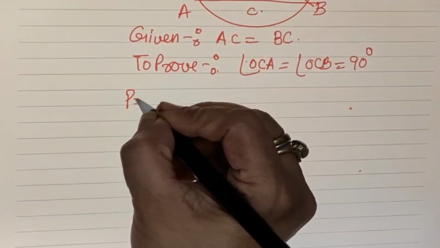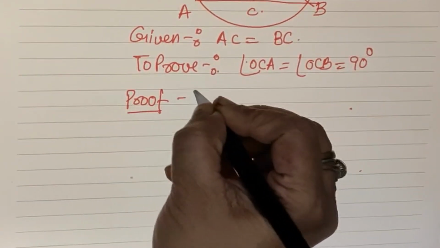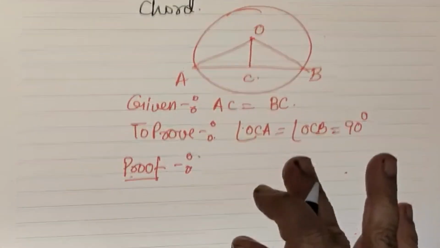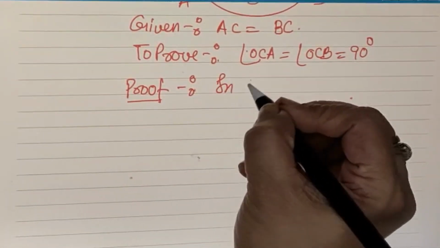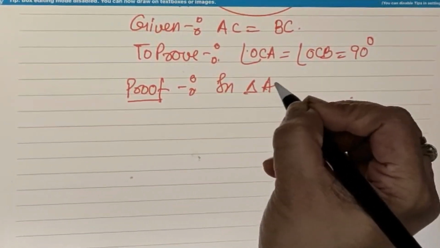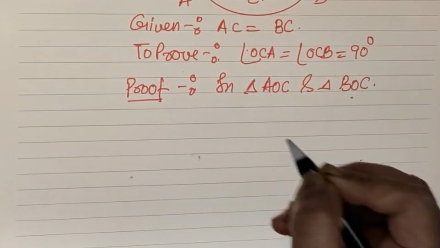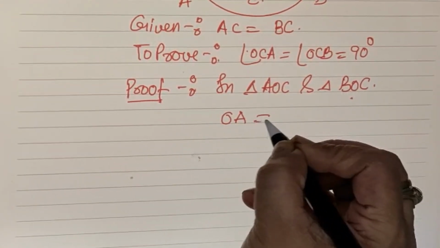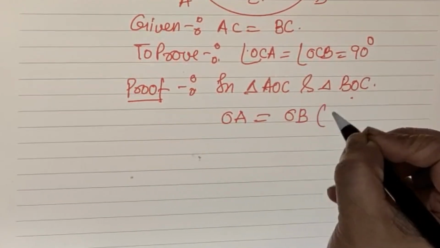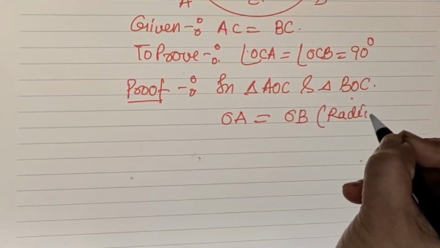Now, going to start with the proof. Same thing you have to do. I will take the triangles: triangle AOC and triangle BOC. Now you tell me, OA is equal to OB, correct? What? Radius of the circle.